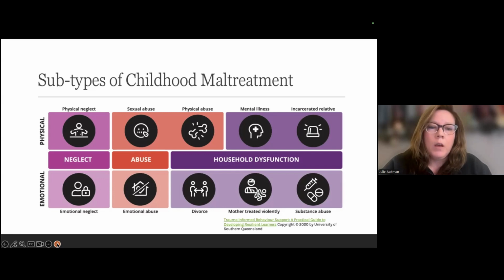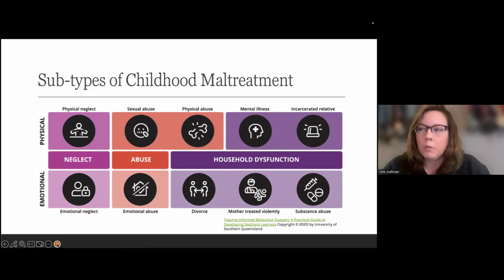And so, beyond what you typically see in case-based reasoning and initial jurisprudence discussions on physical and emotional neglect and sexual and physical abuse, this household dysfunction category really calls attention to the social determinants of health.